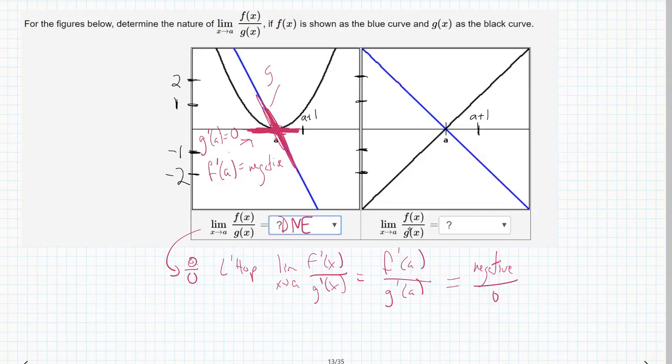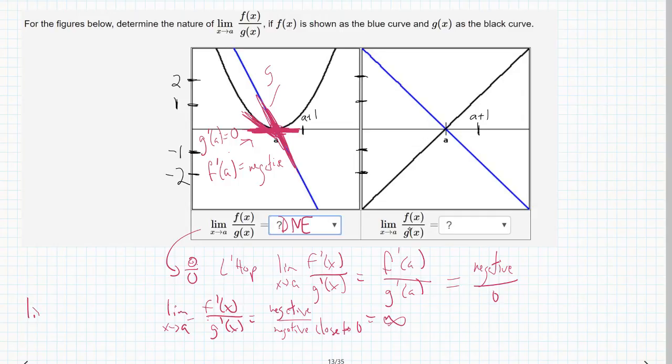When we take the limit as x approaches a from the left of f prime of x over g prime of x, what's happening? We have negative, and then you have 0. As we're approaching this, notice our tangent lines are decreasing, so we have negative again, but it's close to 0. So this thing equals positive infinity.